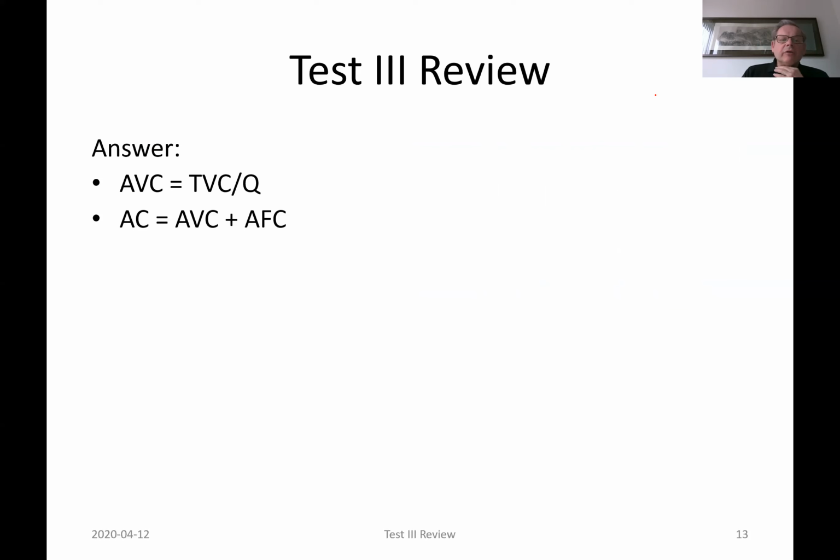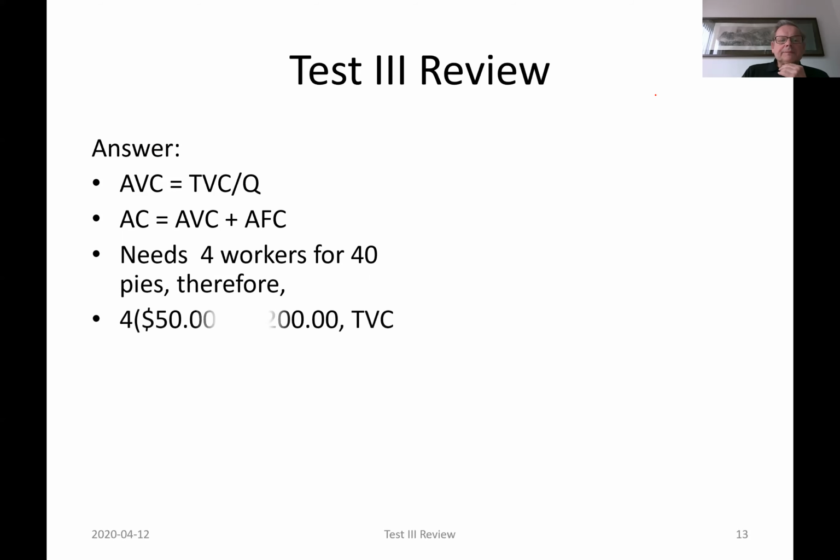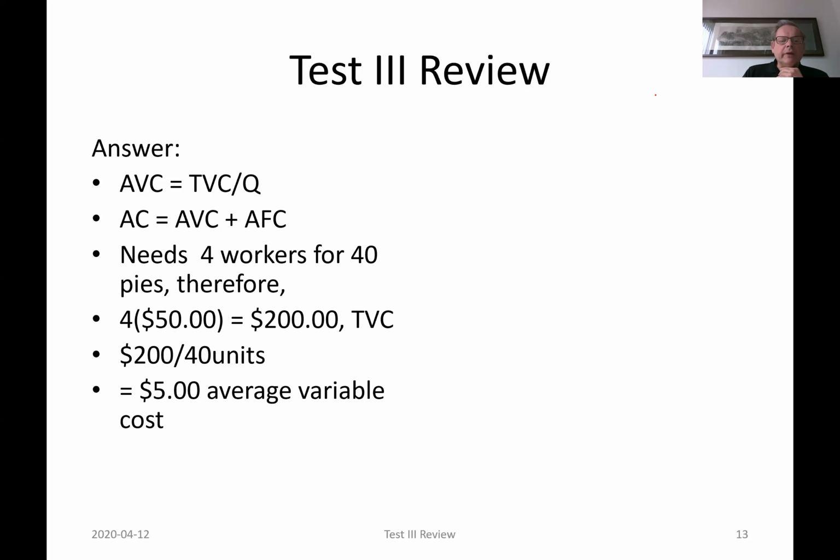Your average cost can also be the average variable cost plus your average fixed cost. Needs four workers for 40 pies. Therefore, we will multiply the employees by the average variable cost and we get our total variable cost, which would be $200. Divide that by 40 units since we are producing it, and then we get an average variable cost of $5.